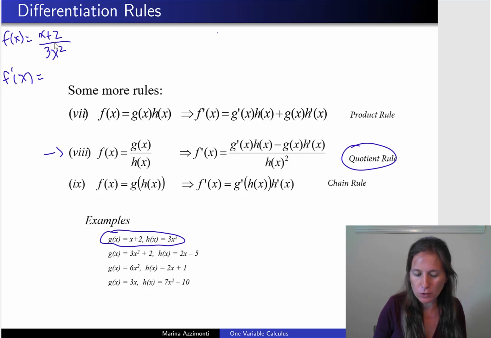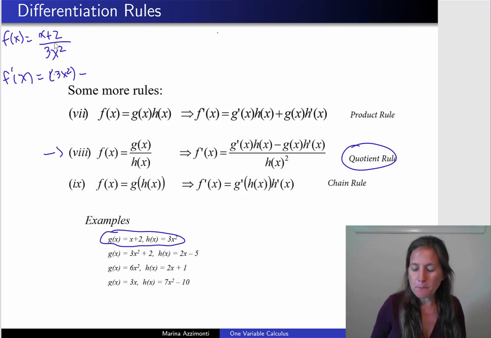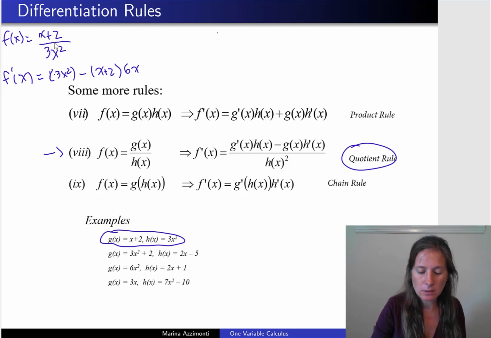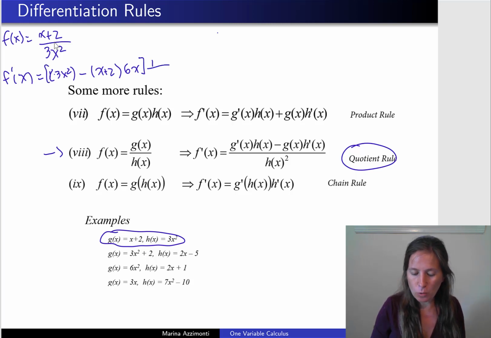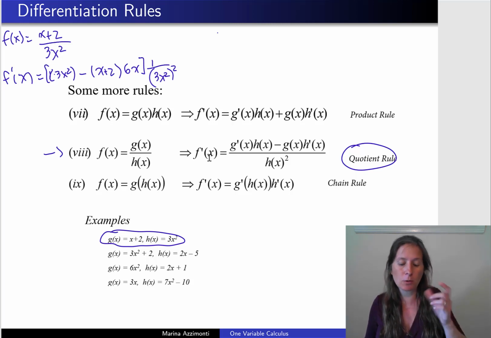It is the derivative of g, which is 1, times h of x, which is 3x squared, minus g of x, which is x plus 2, times the derivative of h, which is 6x, divided by h squared, which is 3x squared.